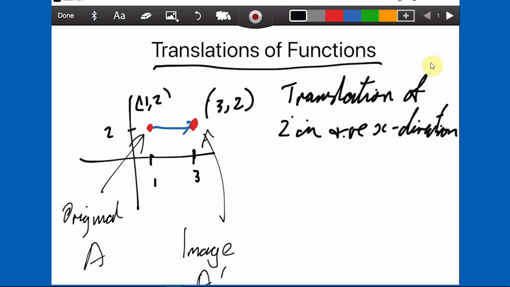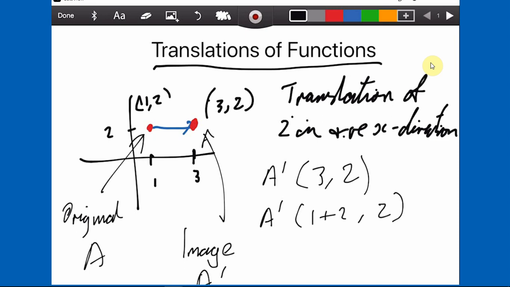And so what have we done to get A dashed? A dashed is 3, 2, which is 1 plus 2 and 2. So what have we done? This plus 2 here is our translation, and this 1 here, well, that's our original.